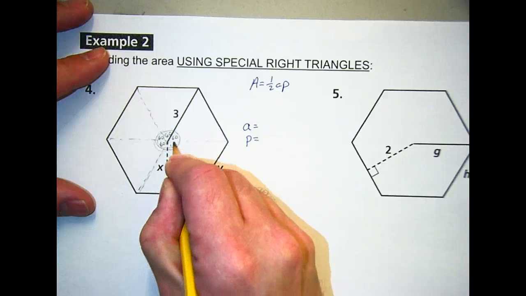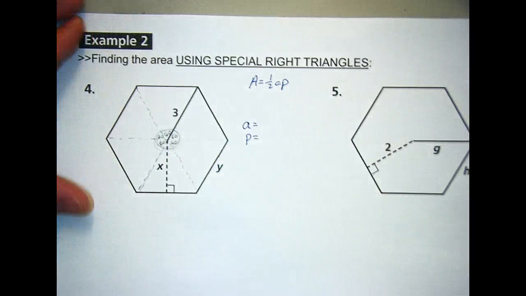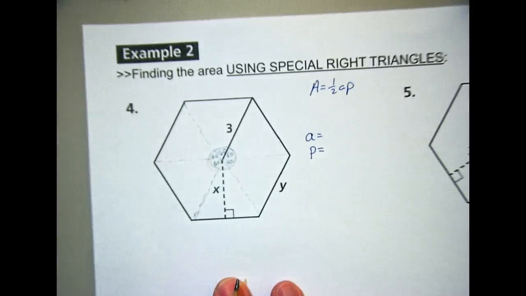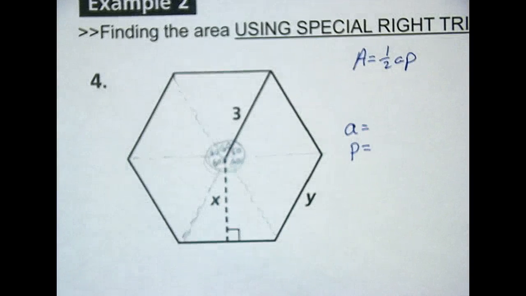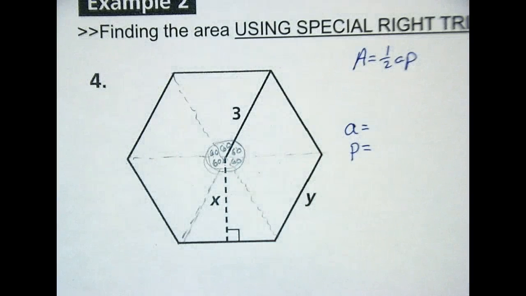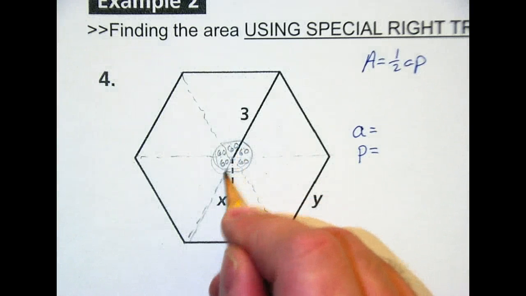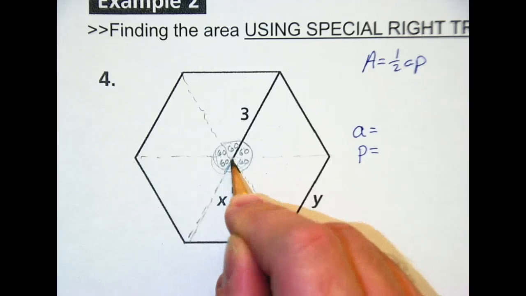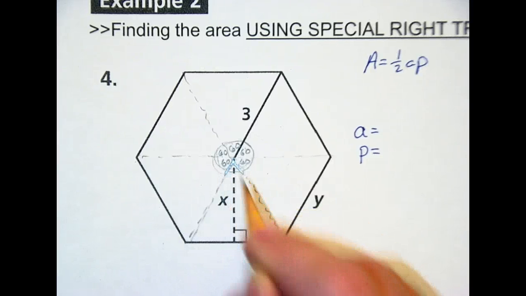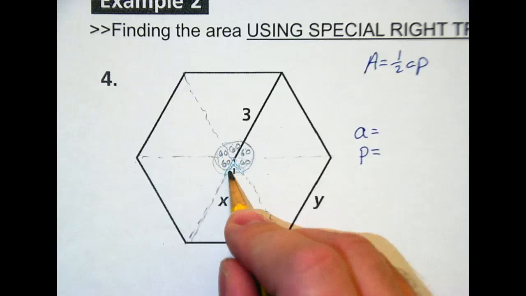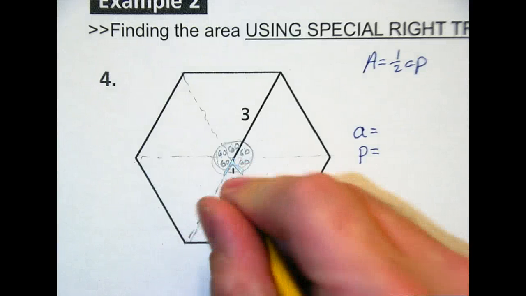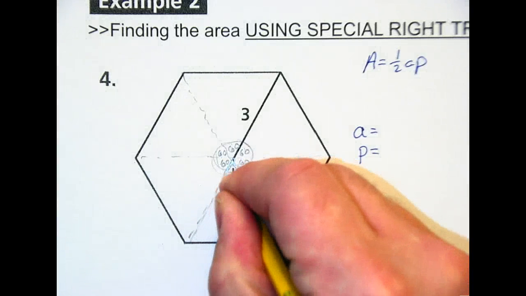Each one's 60. Okay, well what that means, if each one of those is 60, and I break one of those angles into 2 equal parts, what's that make this? 30. It makes this 30.